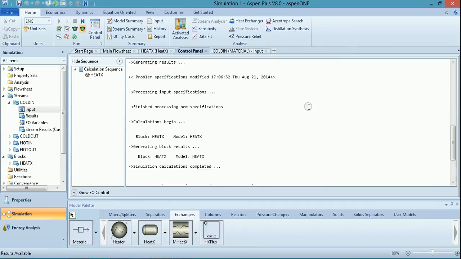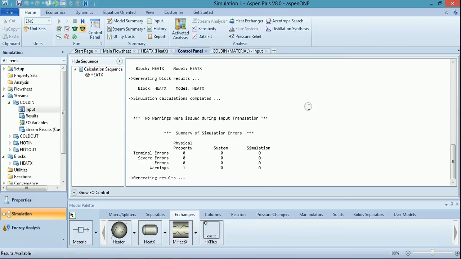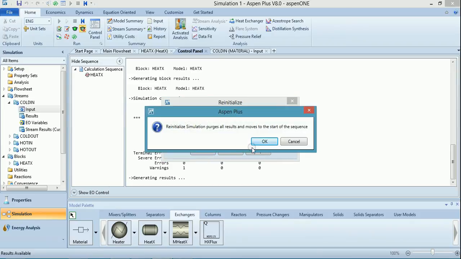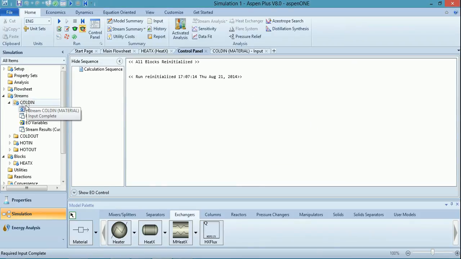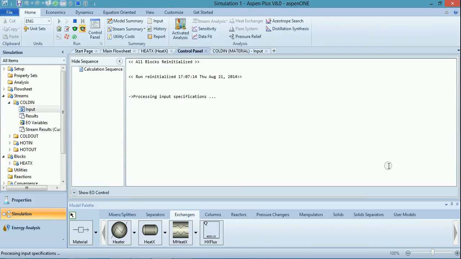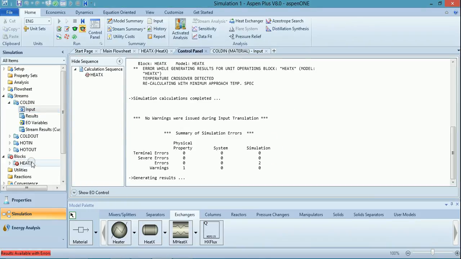So now I'll again change the cold stream inlet from 4000 to, let's say, 2500. Now I'll again press next and run the simulation. No errors, there was only one warning.